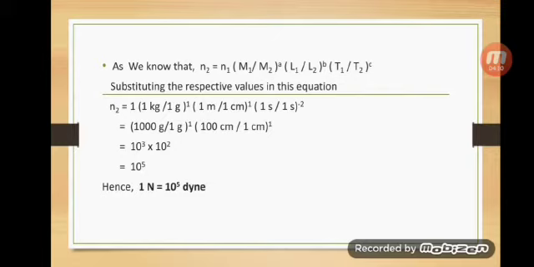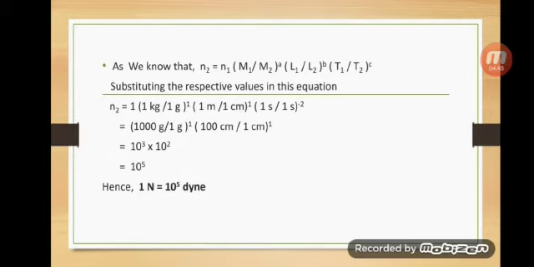Then (1 second by 1 second) to the power minus 2, as the value of C is minus 2. 1 kg is equal to 1000 gram. Therefore 1000 gram by 1 gram. We will convert only the SI values: 1 meter is 100 centimeter, 1 second is already in seconds, and since 1 by 1 to the power minus 2 is equal to 1, we will leave it. Therefore what remains here?